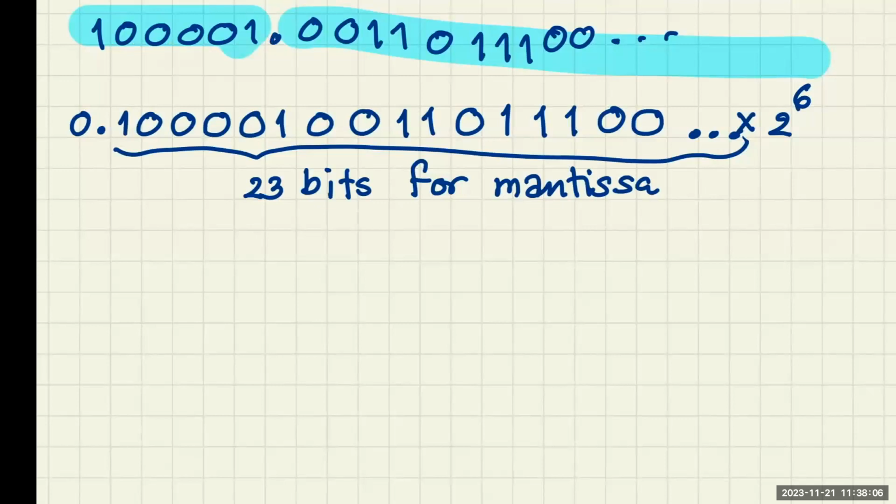Now you have to make your exponent equal to 6, in base 10. But in order to store it on the computer, you cannot store any base 10 number. So you have to change number 6. And 6 is an integer because it is the number of points that you move.